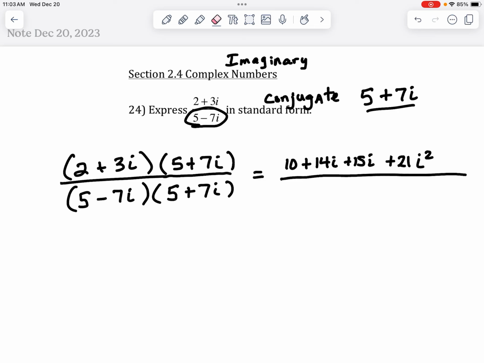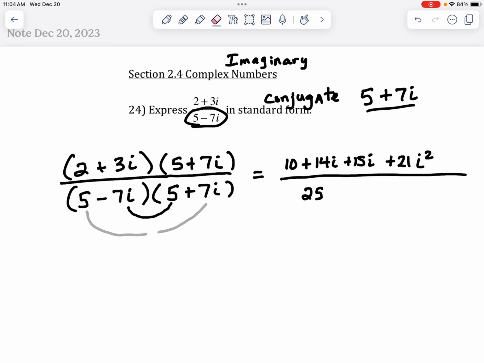So now we move down to the denominator. So when you distribute the 5, that's going to be 25. And then as far as the middle terms, well, this would be a positive 35i, and this would be a negative 35i. So those are going to cancel.